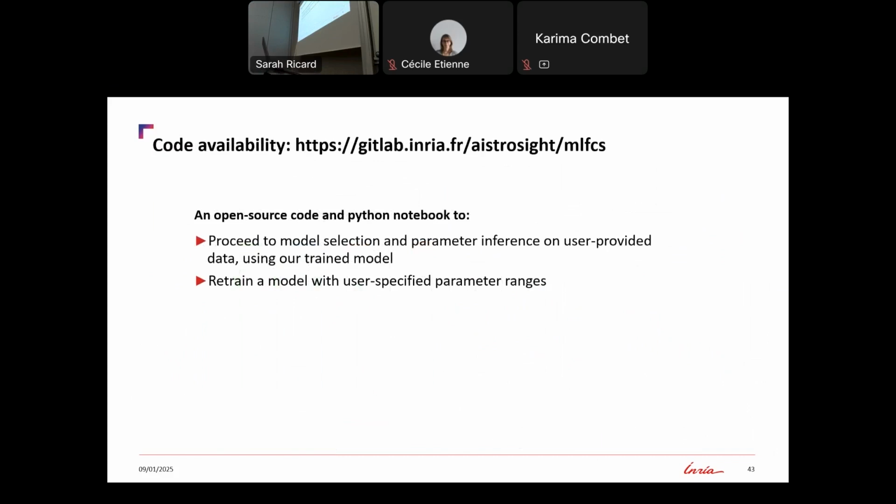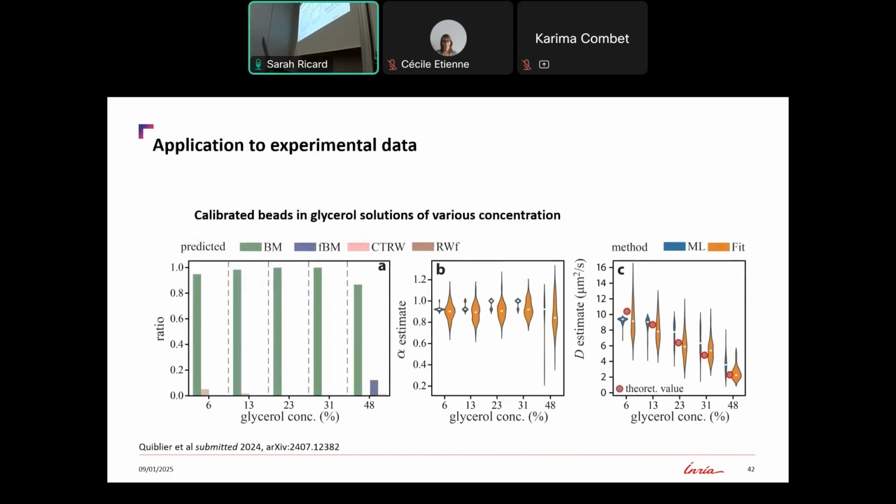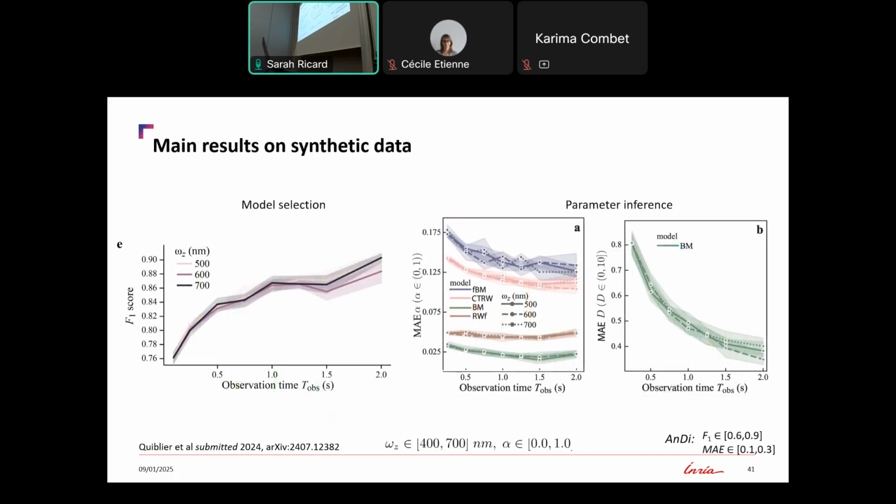Okay, and also, the challenge there, and that's important, because that's my former biologist part talking, is that it's very nice to have a machine learning algorithm and to publish a paper saying they work on synthetic data. And then you say to biologists, take it and use it. They will never use it. So you have to be extra careful to give them a way to use it easily.